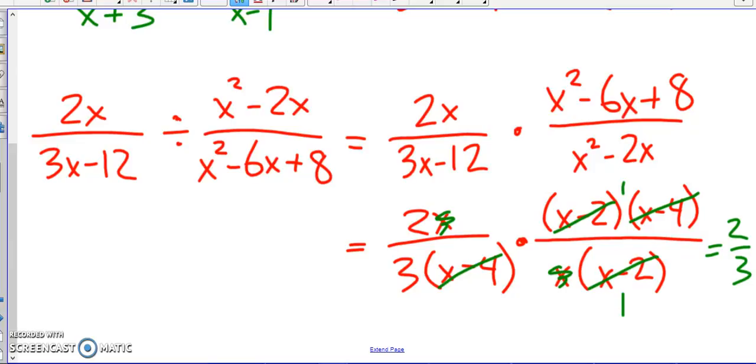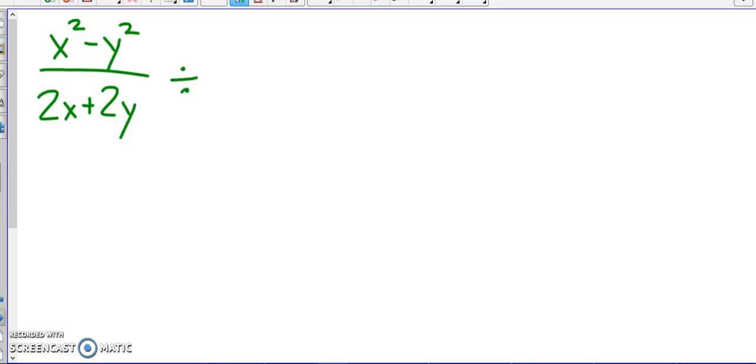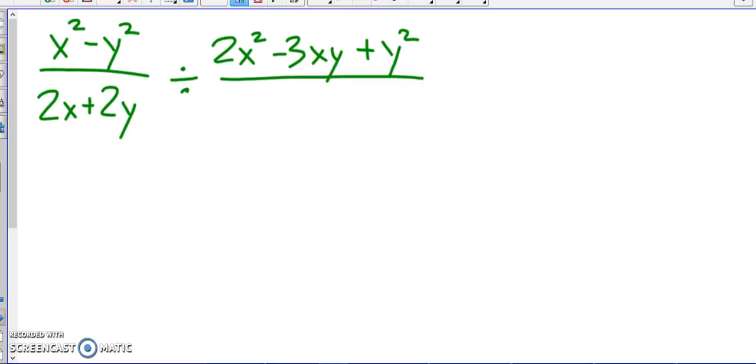All right. Now, let's finish. x squared minus y squared over 2x plus 2y divided by 2x squared minus 3xy plus y squared over 6x plus 2y. All right.